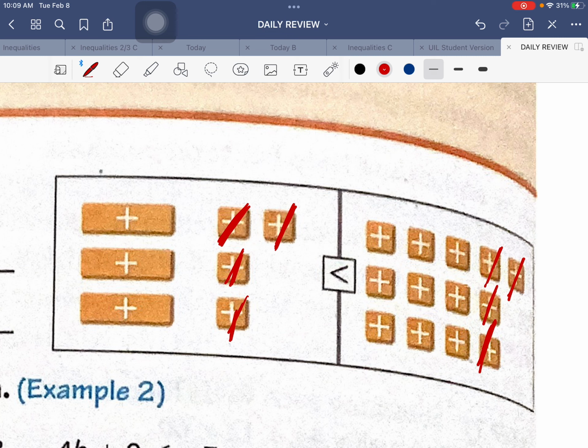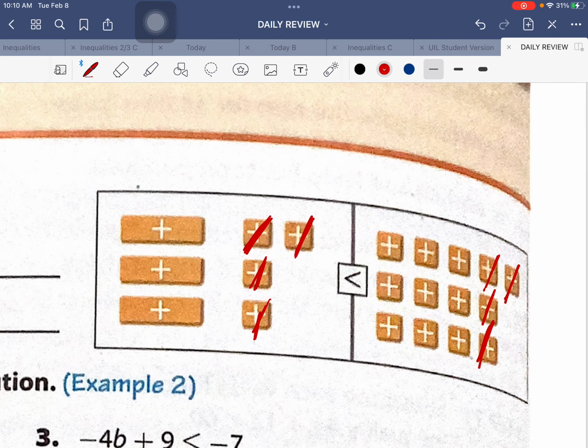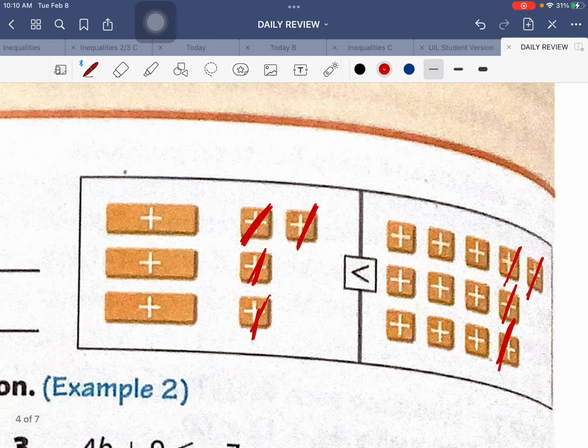A rectangle represents what? The X? Correct. Rectangles represent X's, Y's, variables, letters. So this is 3X.